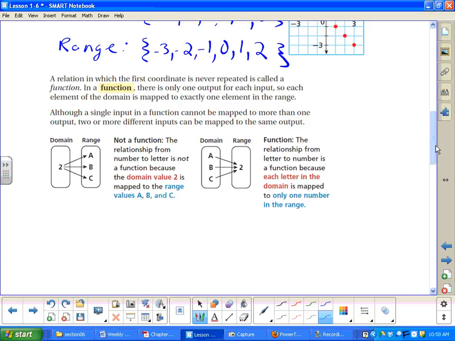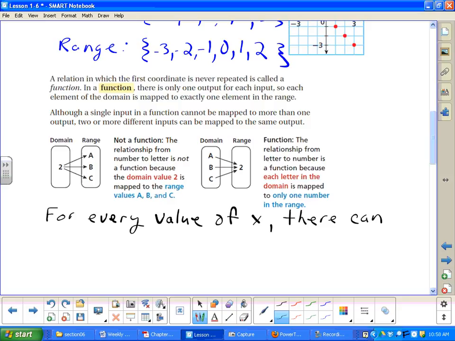In other words, another way of saying this is for every value of x, there can only be one value for y.